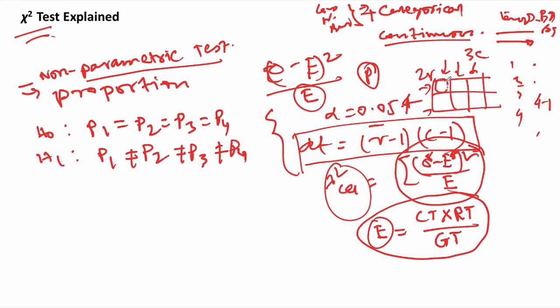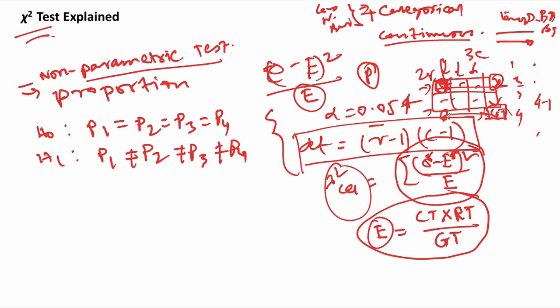So based on this observed value, we can calculate the expected value based on the column total, let's say this x, row total, let's say this y. So x multiplied by y divided by the gross total. So we can find out the expected value against each and every cell given here.